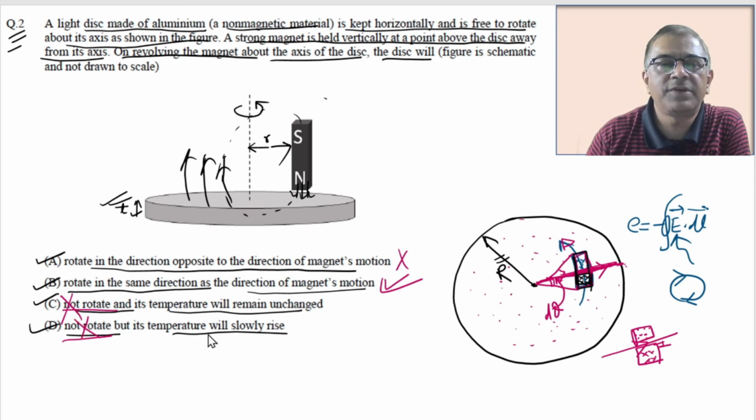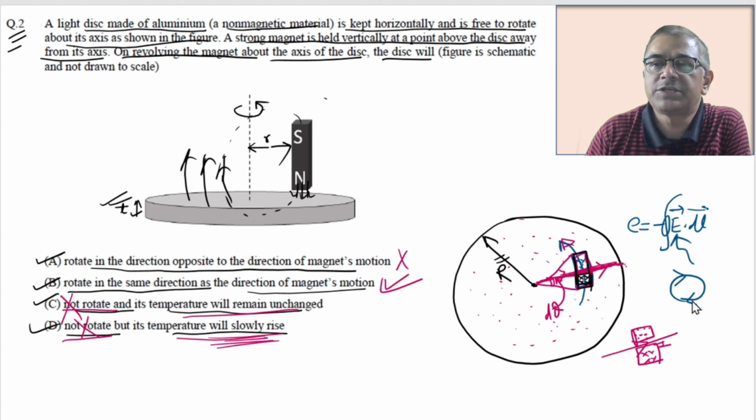But definitely we should look for whether the temperature will increase or will not increase. I'm telling you the temperature will increase. Why should the temperature increase? The reason is obvious: this electric field happens to be non-conservative in nature.